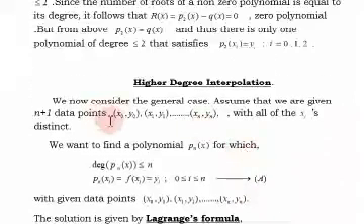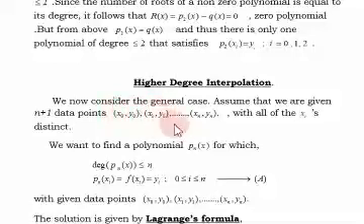Somebody gives you n plus one data points like this: x sub 0 comma y sub 0, x sub 1 comma y sub 1, like that. You have n plus one data points. Now you are going to find a polynomial which goes through these n plus 1 data points.